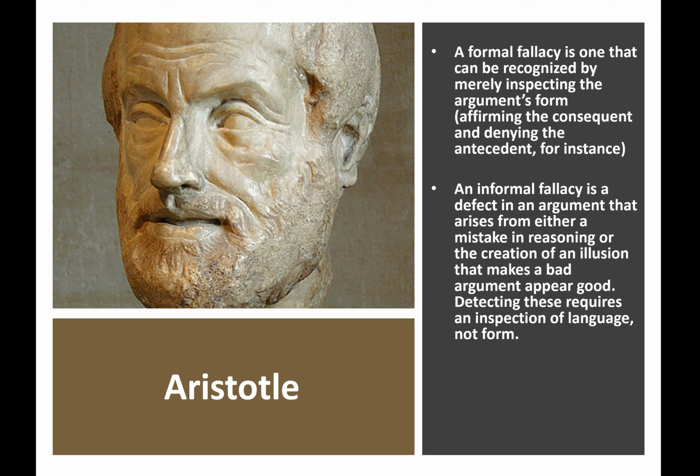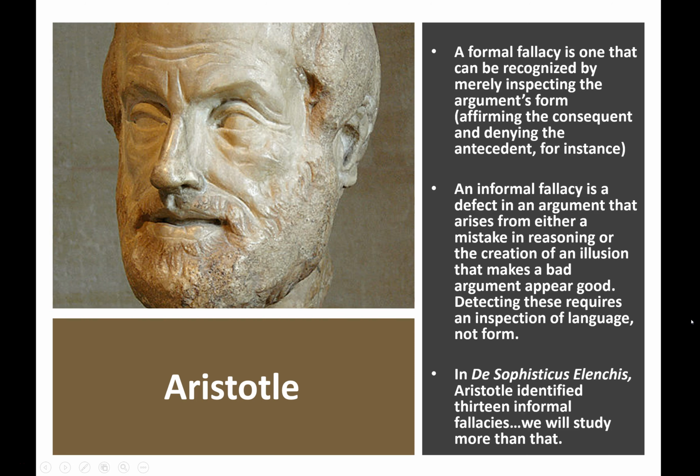Detecting these requires an inspection of language, not just the form of the argument. So in his work, De Sophisticus Elenchus, Aristotle identified 13 informal fallacies, and we're going to study more than that. So that's how far back their recognition goes.